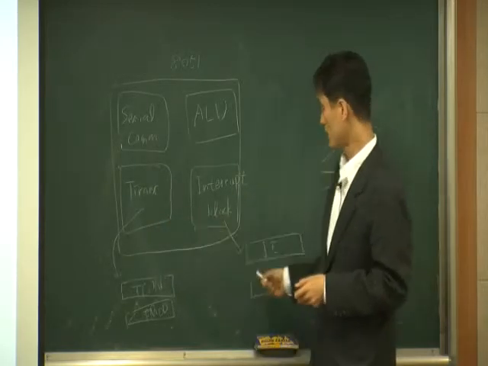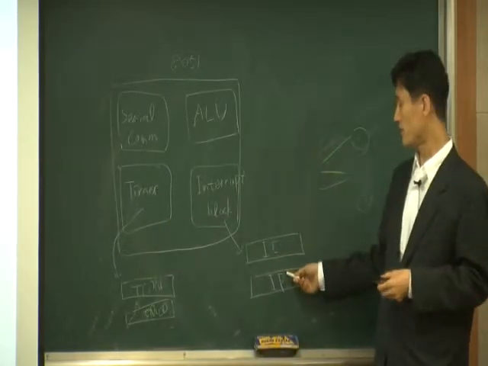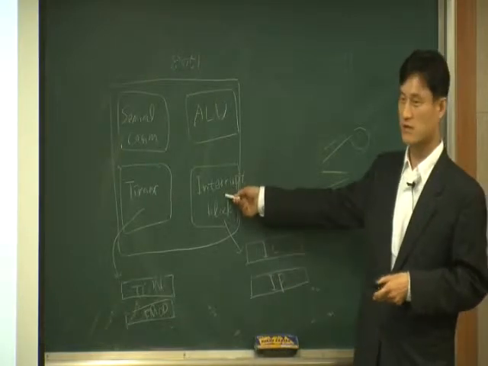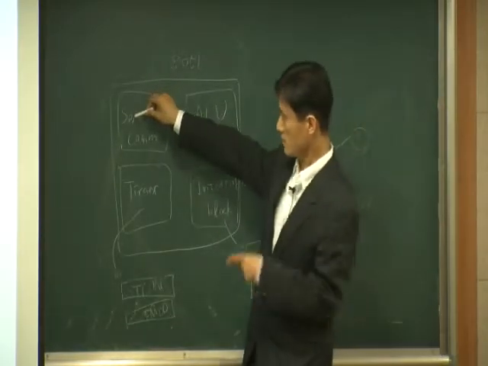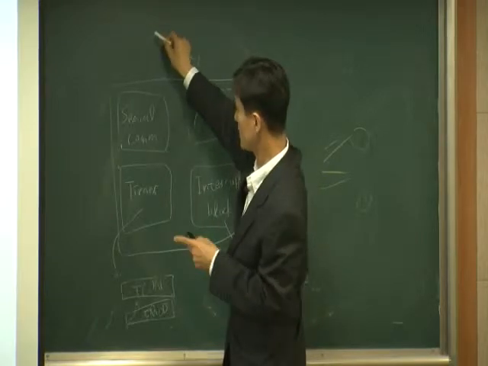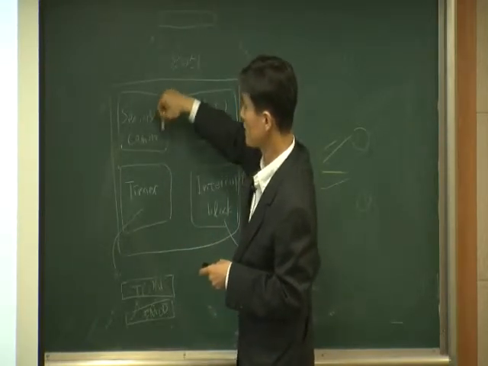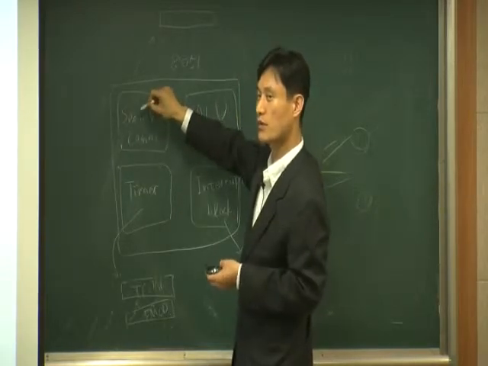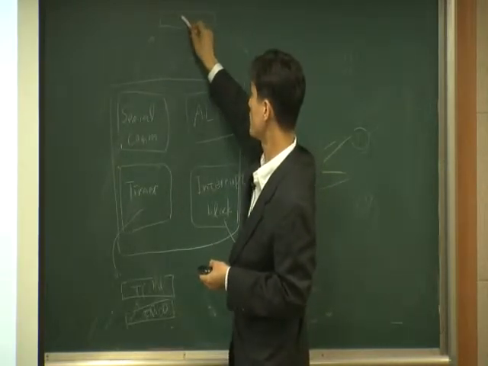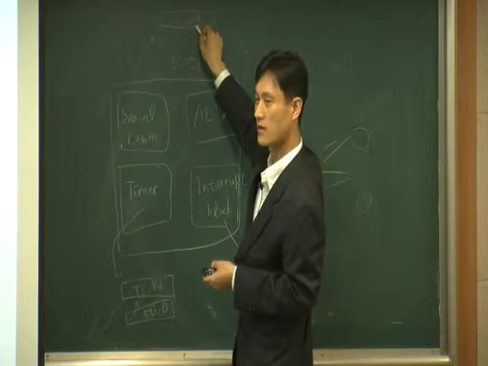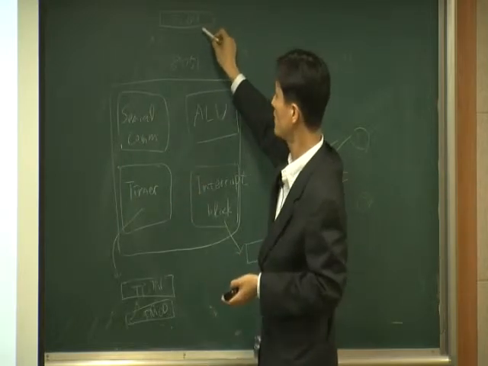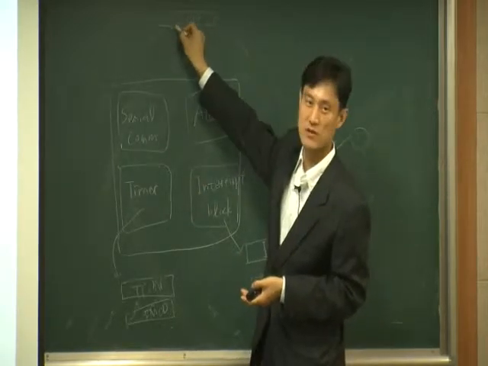But interrupt enable and interrupt priority belong to the interrupt block. Now we're going to cover a little bit later today this serial communication block, which is another hardware. This hardware also has a register, SCON, serial control. We'll look at it in a minute, but this one has its own register also.